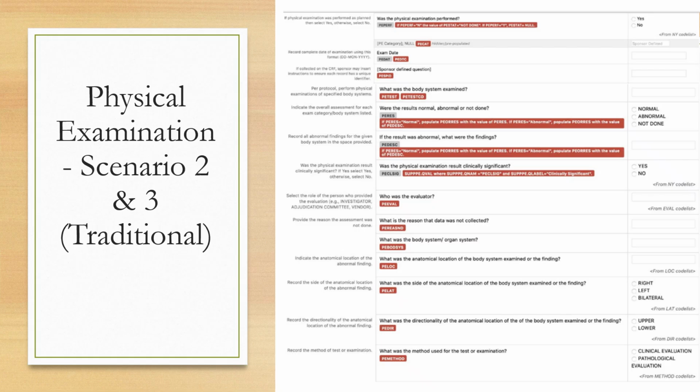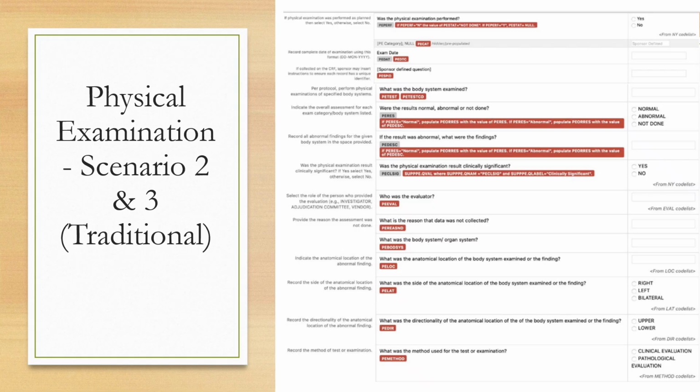And if the result is abnormal, the findings, or you can say the abnormality, will go in your ORRES variable. And if these findings or abnormalities are encoded, then the standardized values for this coding will go in your STRESC variable in your PE domain.